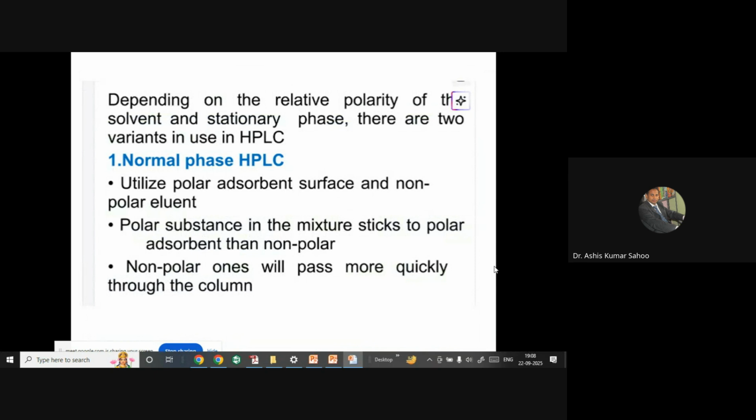Depending on the relative polarity of the solvent and stationary phase, there are two variants used in HPLC. Normal phase HPLC utilizes a polar adsorption surface and a non-polar eluent. The polar substance in the mixture sticks to the polar adsorption surface, and the non-polar ones will pass more quickly.